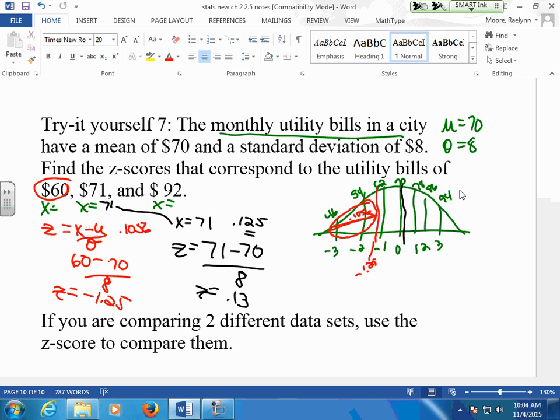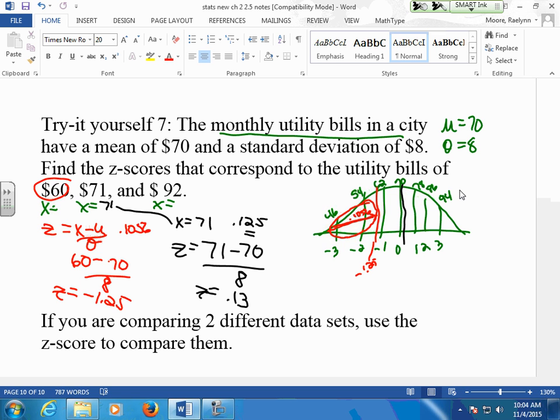Right, but we're going to have to go to two decimal places because your z-score chart is two decimal places. So 0.125 is fine, but if we're going to look it up on the table, two decimal places. So then 0.13. So we're going to keep your z-scores to two decimal places.